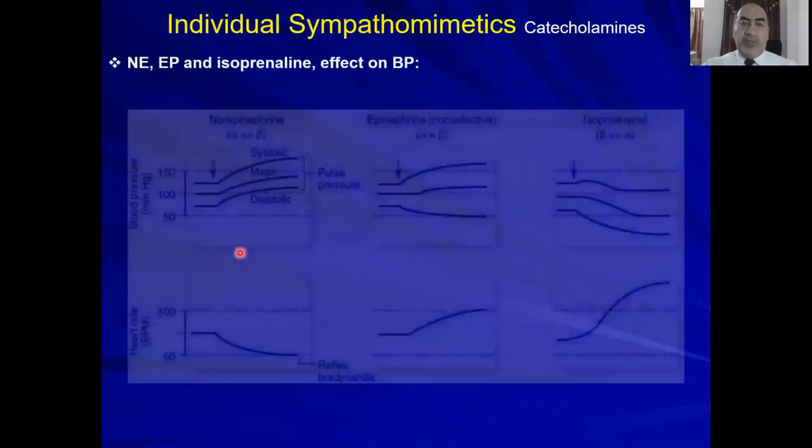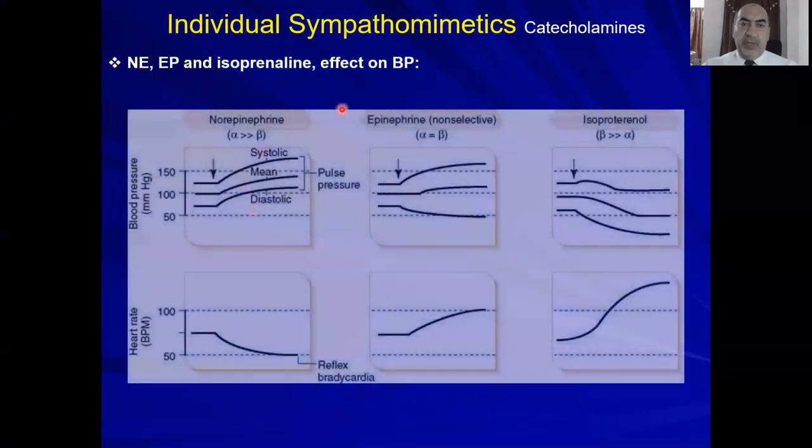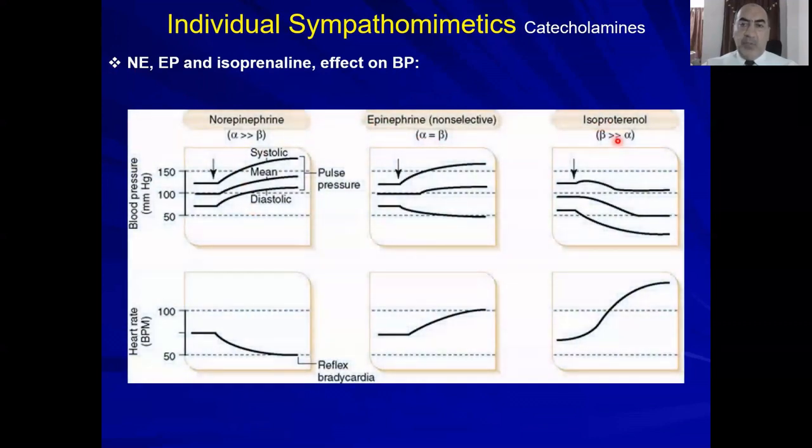So now, a comparison between the three drugs, norepinephrine, epinephrine, and isoproterenol, and their effect on the heart. Number one, we said norepinephrine has effects on alpha receptors, so it will increase vasoconstriction, so systolic blood pressure will increase, but it does not have so much effect on beta 2.